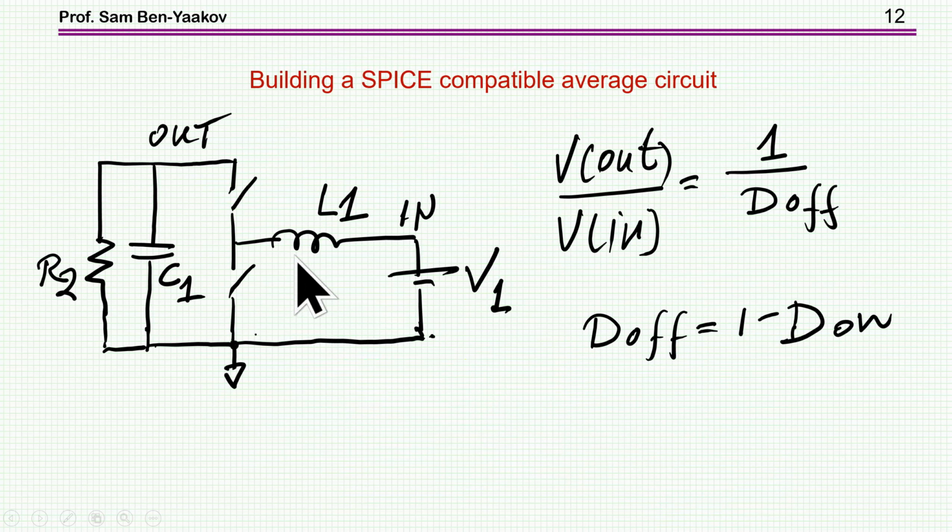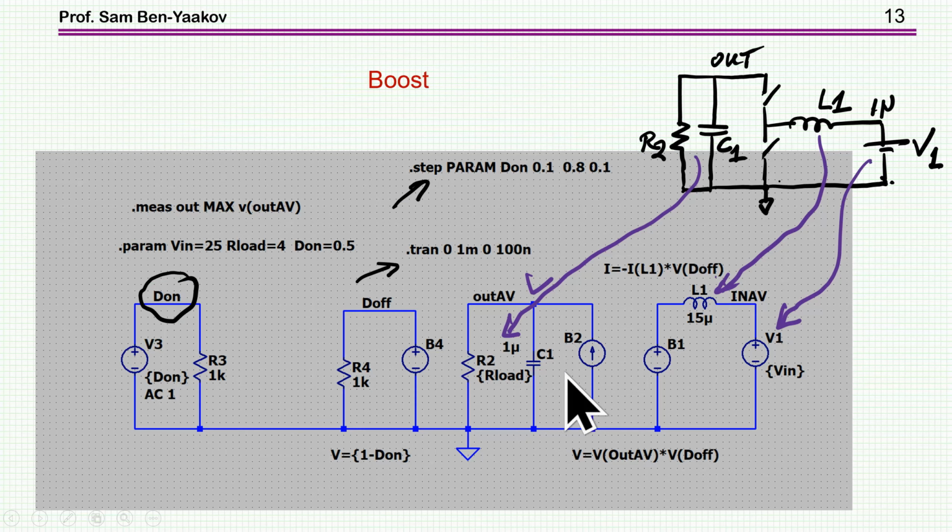This is the inductor. This is a synchronous configuration, two transistors, the output section, and we know that V out to V in is 1 over D off. D off is 1 minus D on. This is for CCM. So now I'm translating this circuit into the average behavioral circuit and doing it in an intuitive way. First step is to take care of the average voltage across the inductor.